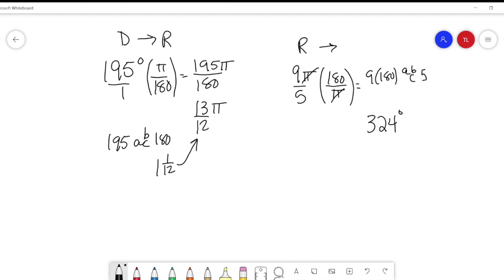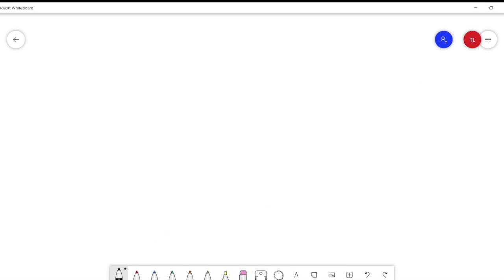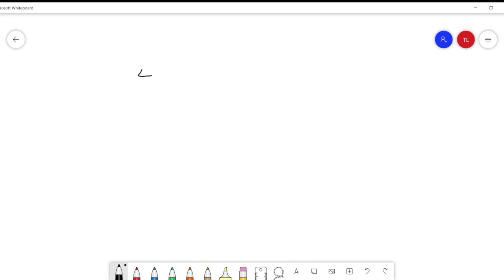How good are you? Third question. Now the third question, I want you to tell me the coordinates. 4 pi over 3. Now what quadrant is he in?